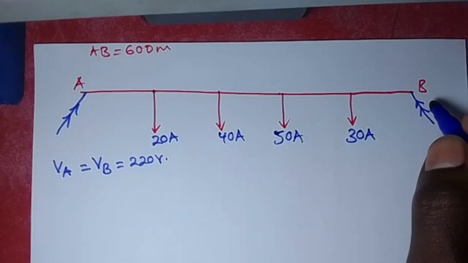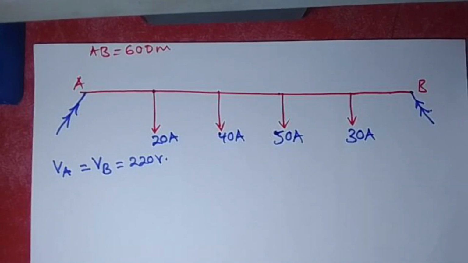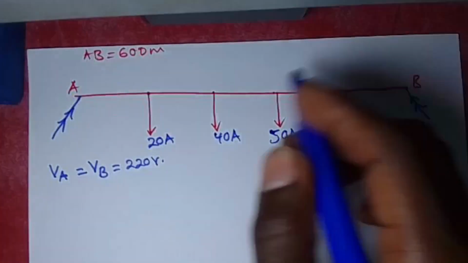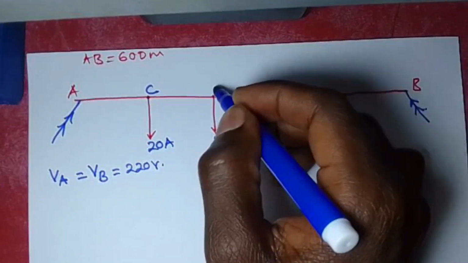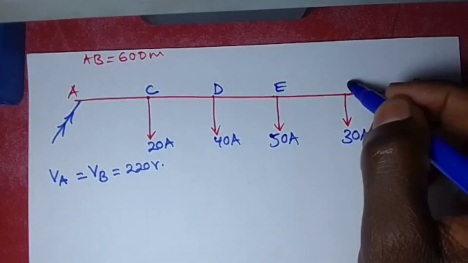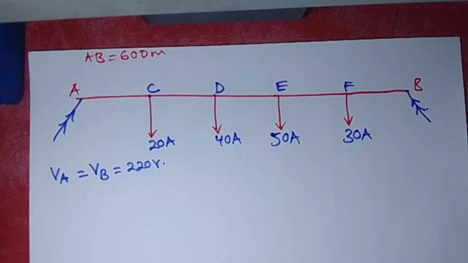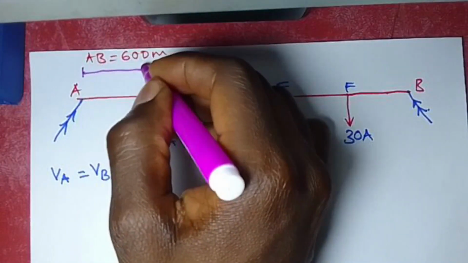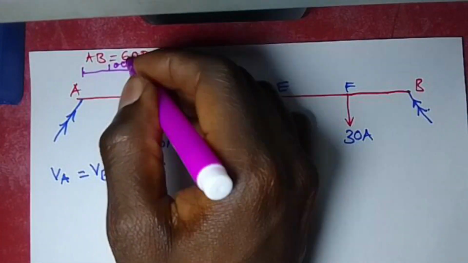So they have told us their respective distances are the following values. Let me call these points A, B, so I can give this C, D, E, and F. The distance AC is going to be 100 meters.